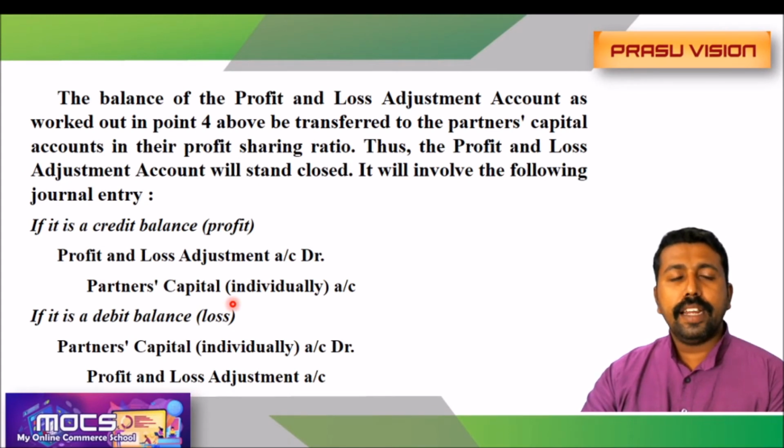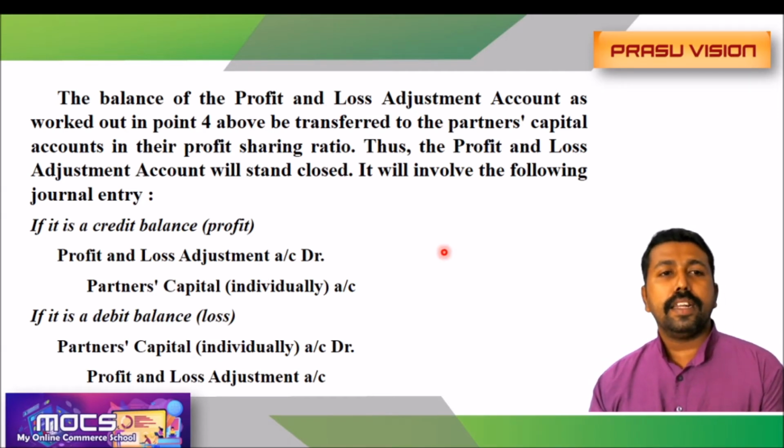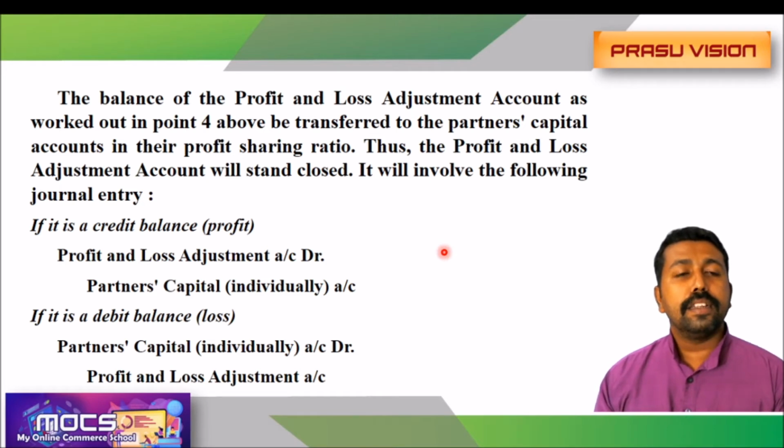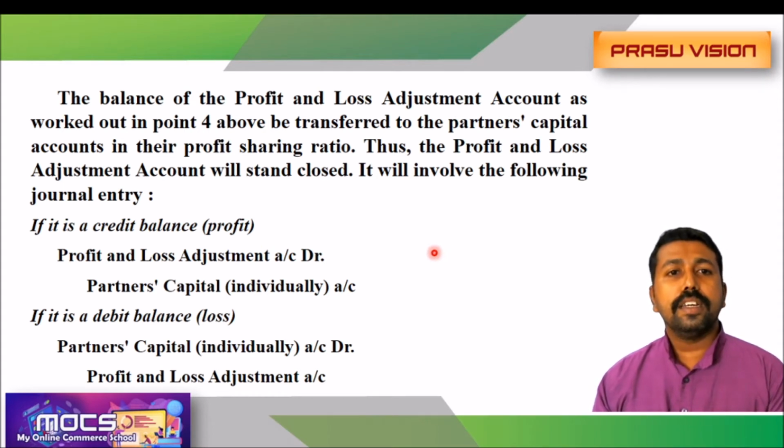After passing the entries, the balance of profit and loss is found. First of all, we will write the items like interest on capital of partner, partner's salary, partner's commission, etc. on the debit side of the profit and loss adjustment account, and interest on drawings on the credit side.